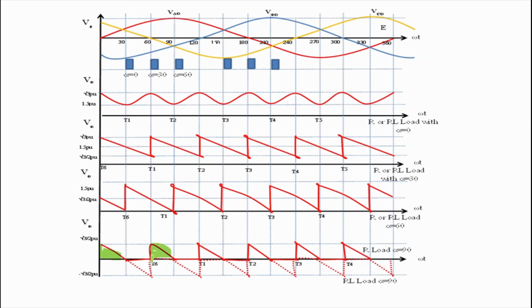So here we get a discontinuous waveform. But in case of L load, we get this negative part, so we get this waveform. So when two conditions are fulfilled, first the load is resistive type and second alpha is greater than 60 degree, then the waveform is discontinuous.